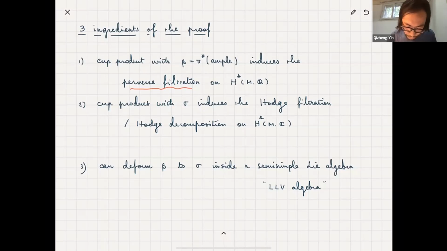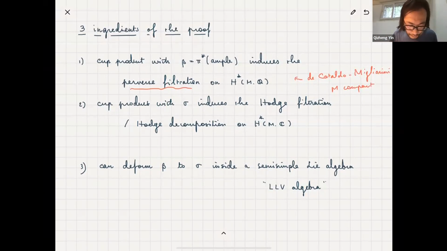This is mostly general; I think it's due to de Cataldo and Migliorini. The only condition we need is the compactness of M. We have to assume M compact to derive this.